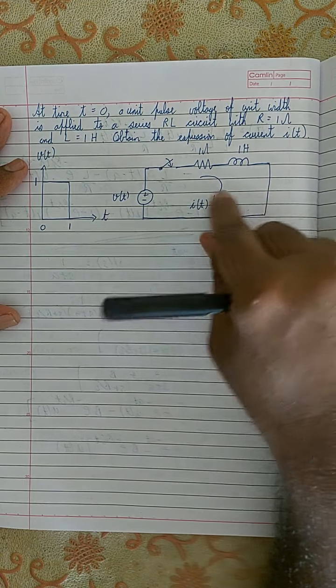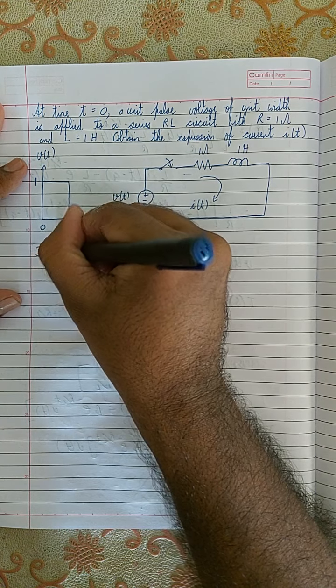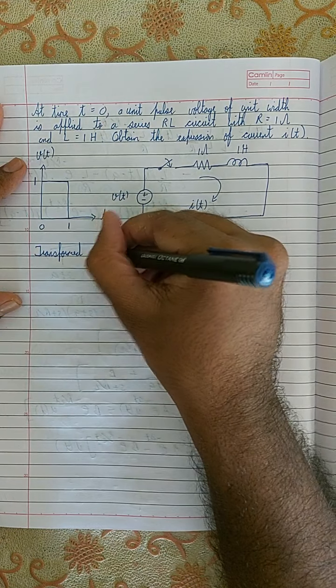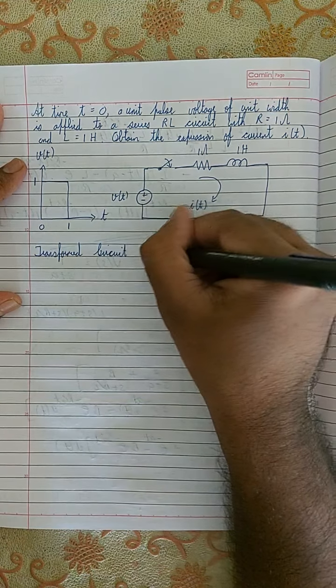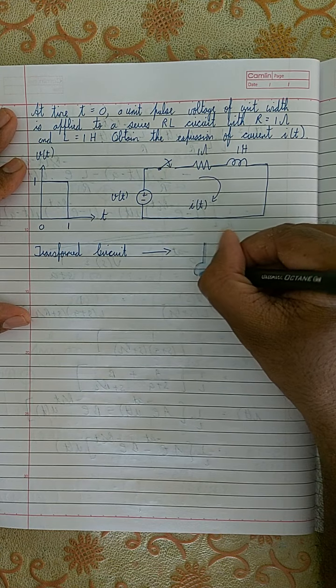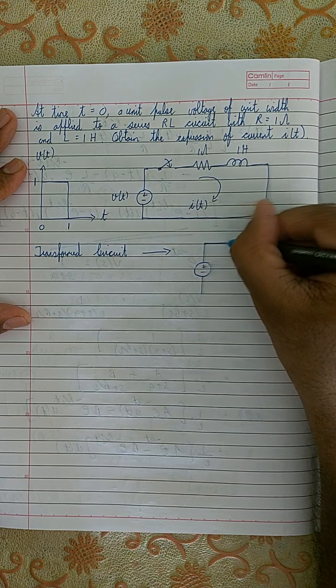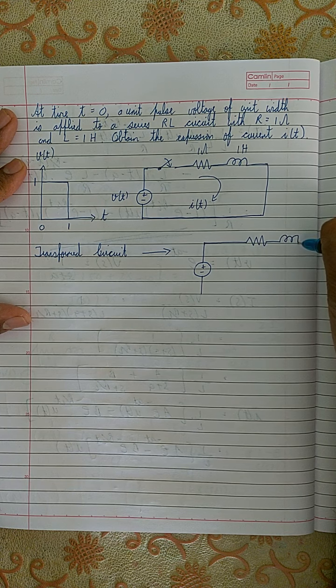So therefore the transformed impedance of the circuit, I can simply say the transformed circuit, is this one. The switch is closed, with a resistor and an inductor.